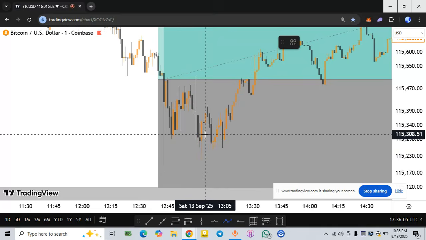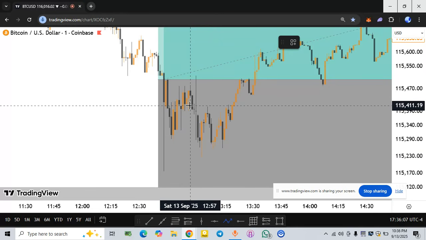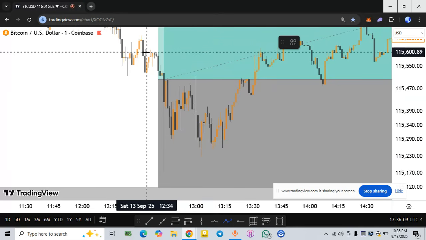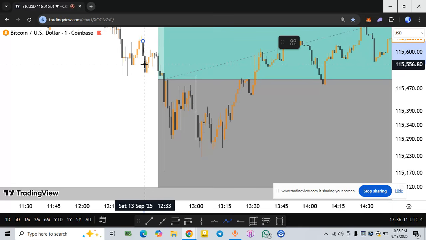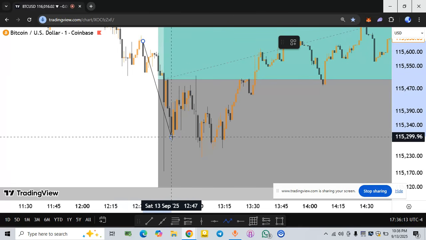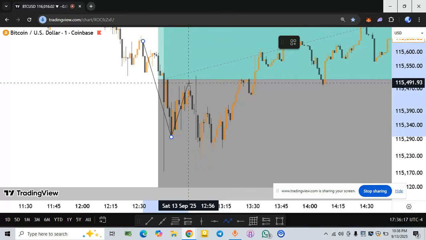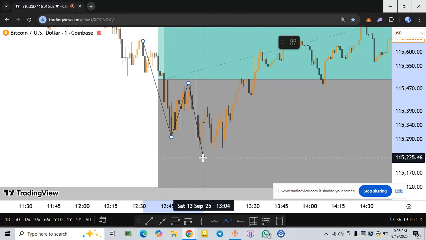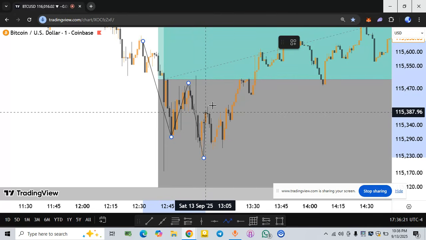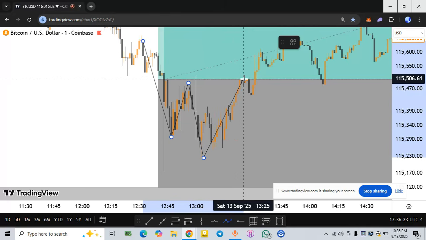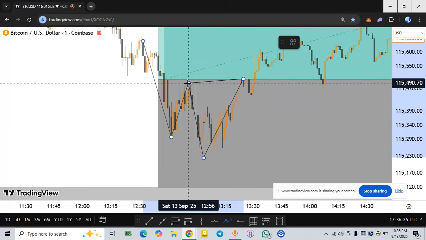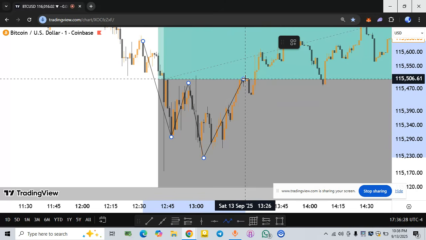So the structure I considered before taking this trade was this particular one over here. As you can see, we had this low, then this high, then this low. Then we had this particular close over here. As you can see, it closed above the neckline. That was the immediate entry trigger of this particular trade.